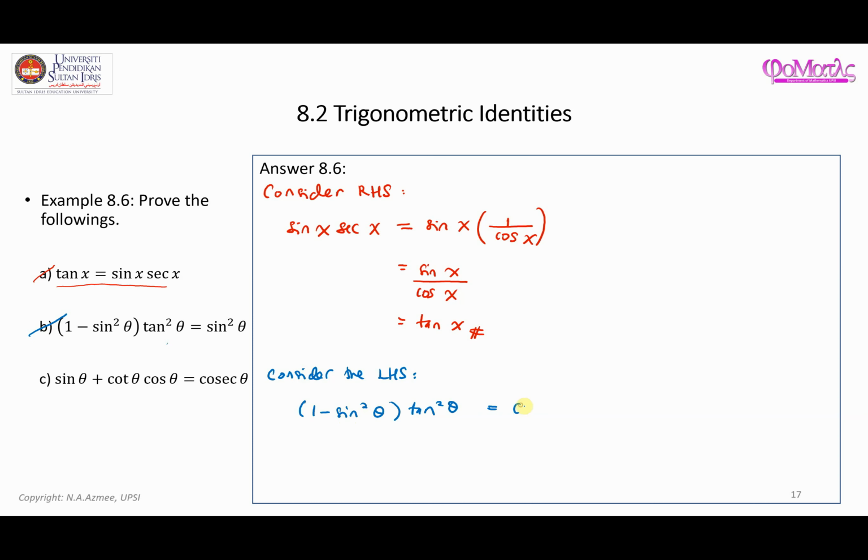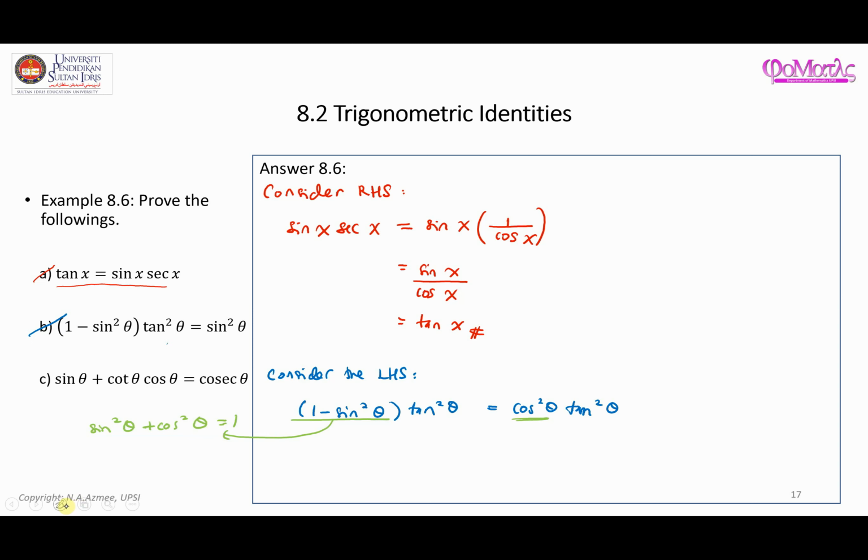So cos squared theta, tangent squared theta. For this one, I use the identity where sine squared theta plus cos squared theta is equal to 1. Therefore, 1 minus sine squared theta will be equal to cos squared theta.